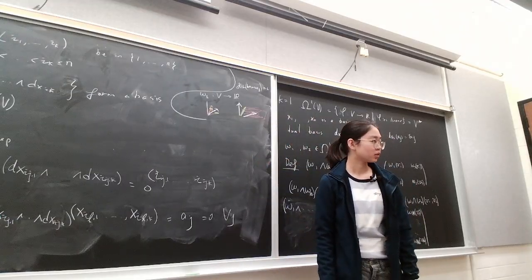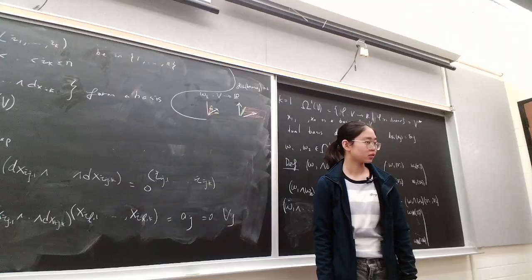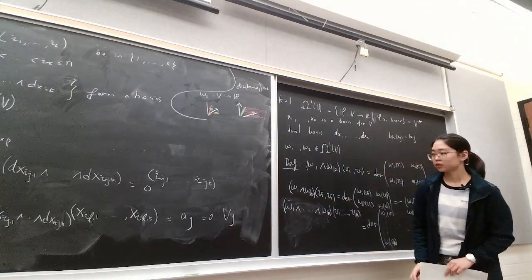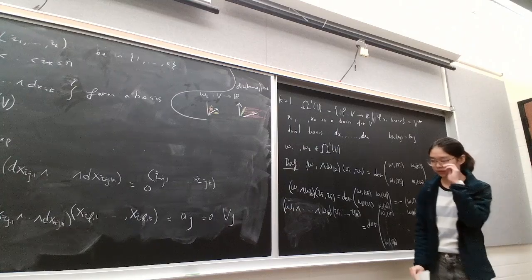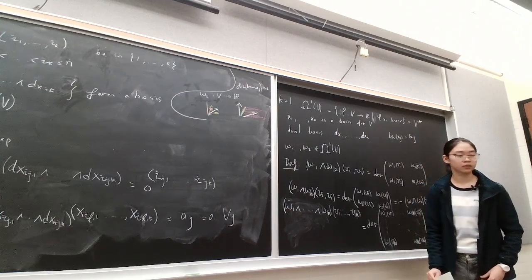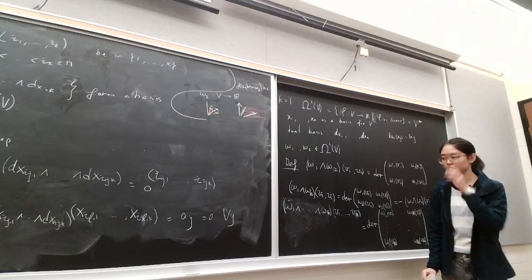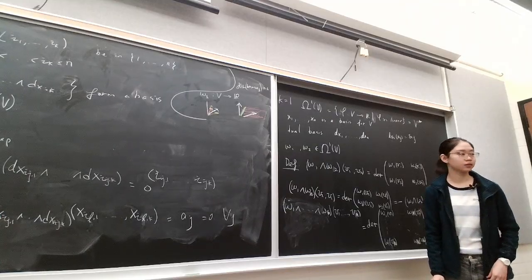So let me give maybe a geometric explanation of how to do this. So this dx ij1 wedge dot dot dot wedge dx ijk, what does this geometrically correspond to? So I have vector xij1, vector xij2.